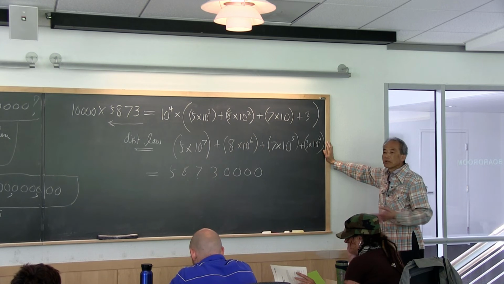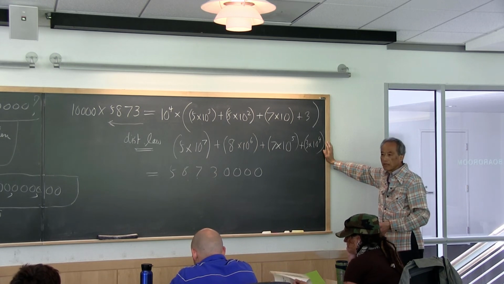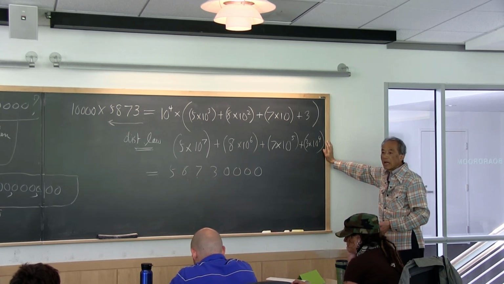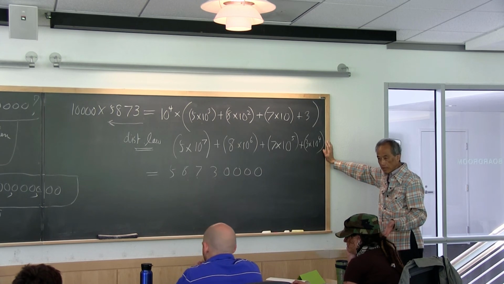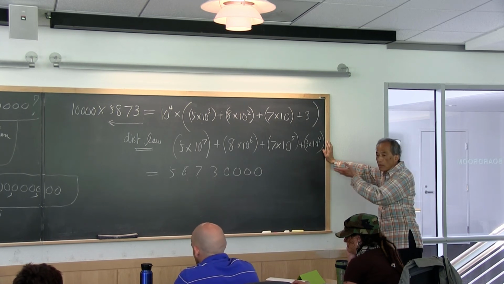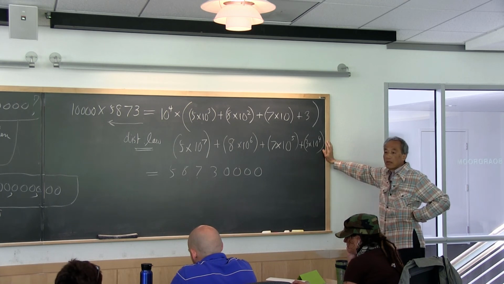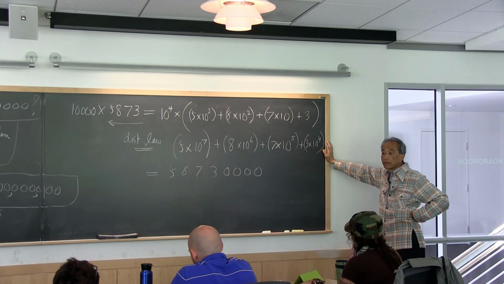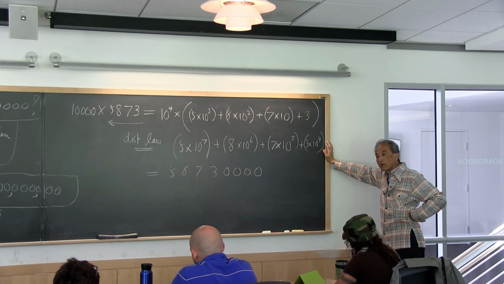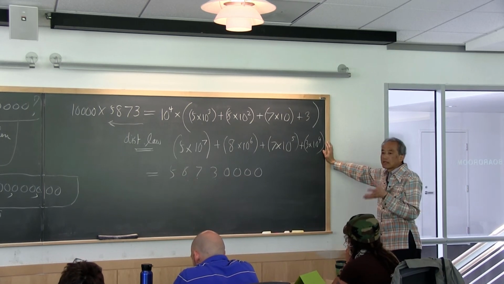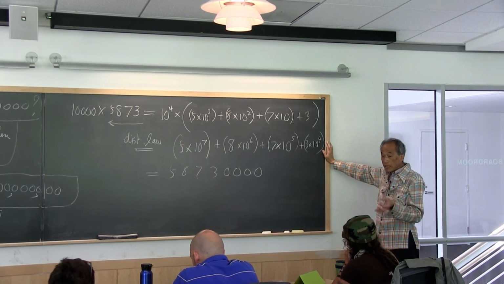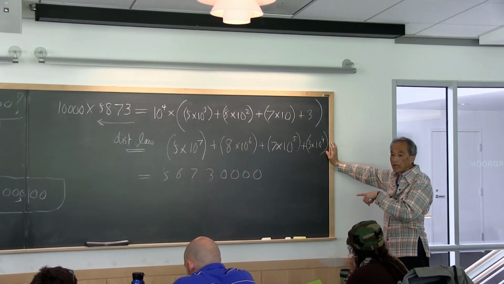There are all kinds of things you can say about place value, but nothing, I would venture to say, is comparable to the amount of information compacted into this. You need a lot of understanding to get to this point. That is what we call conceptual understanding. That's the real conceptual understanding, not talking.